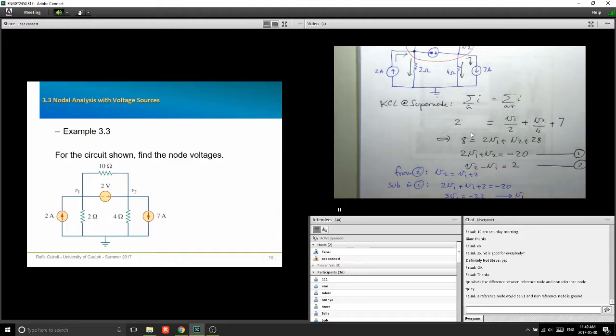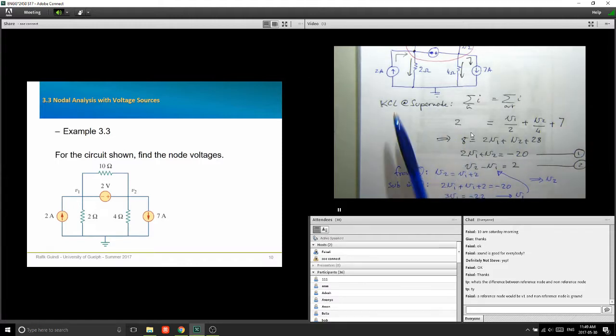That gives you V1. Plug it in here, it gives you V2. These numbers don't look very nice, so I hope I didn't make any mistakes somewhere.